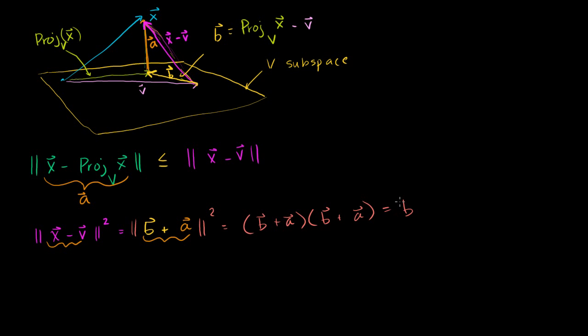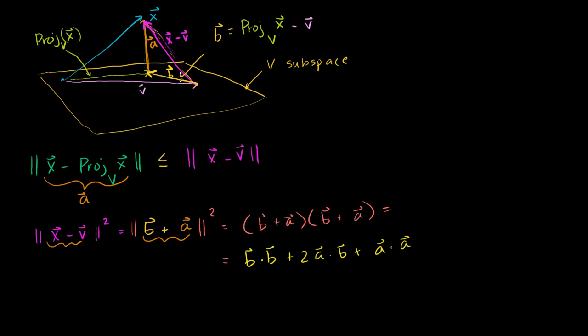This is going to be equal to b dot b plus b dot a plus a dot b, so plus 2 times a dot b, plus a dot a.